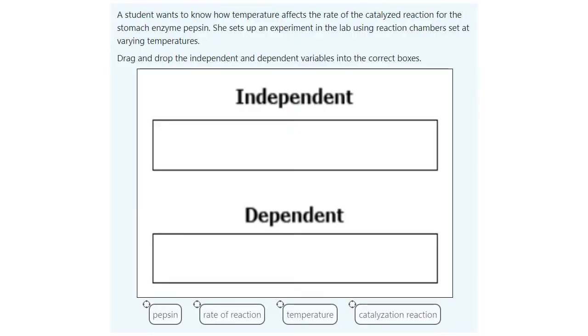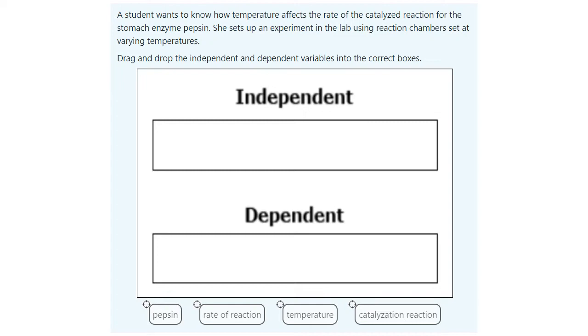Now, independent and dependent variables do come up in the exam. The new GED curriculum that came out in 2014 is majority looking at the scientific method. You need to be able to identify what is the independent variable and what is the dependent variable.